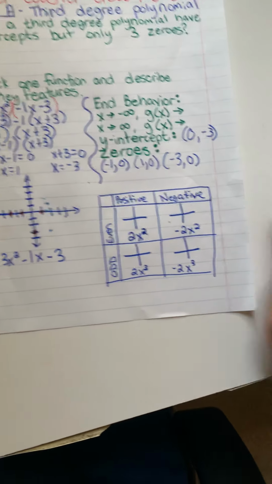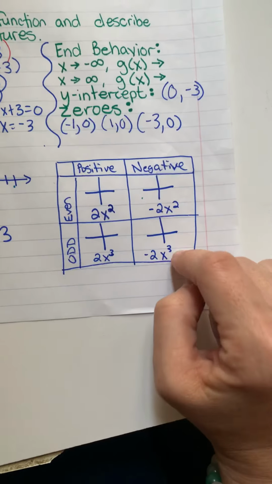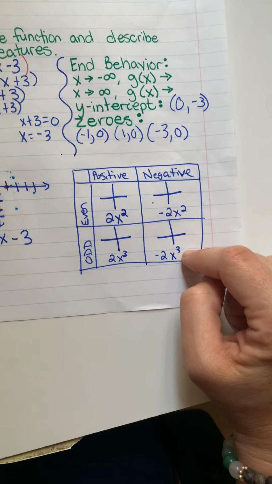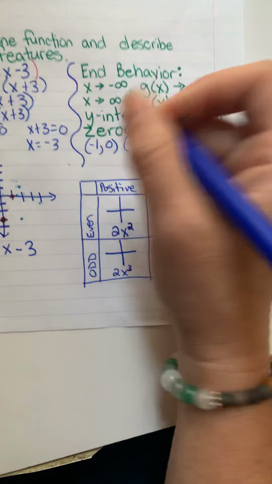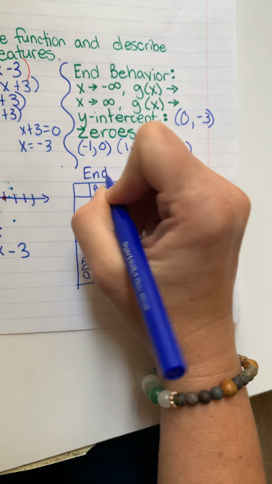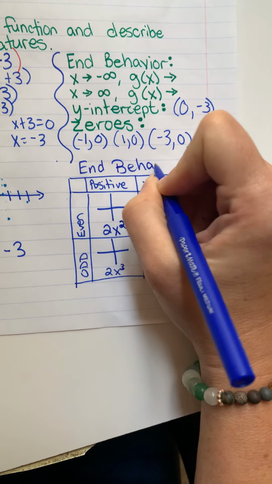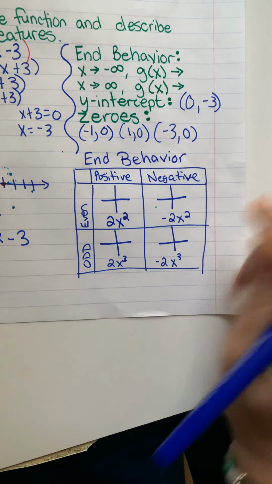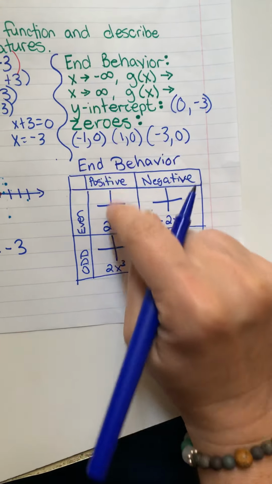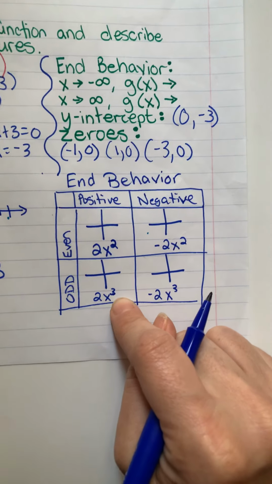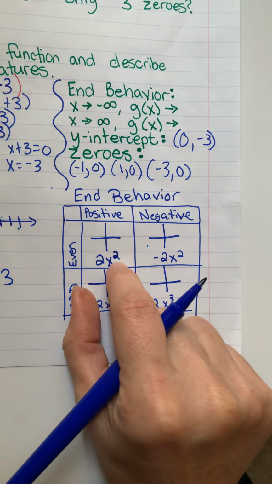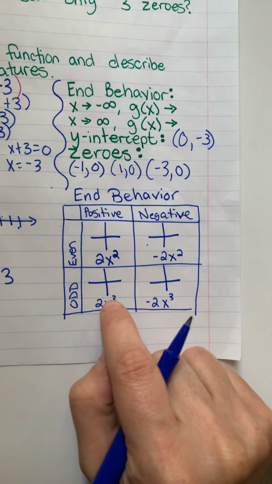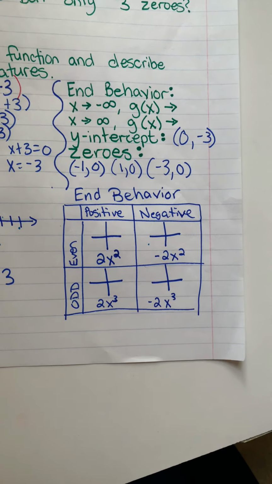So I found this chart online that's a really easy way to remember end behavior. Okay, so you can see here are my positive coefficients, here's my negative coefficients, here's my even exponents, and here's my odd exponents.